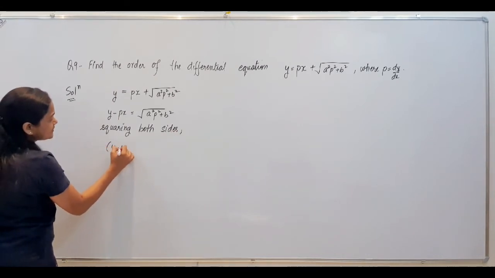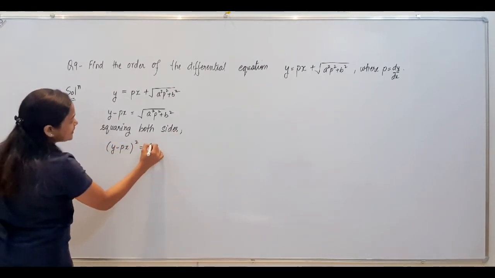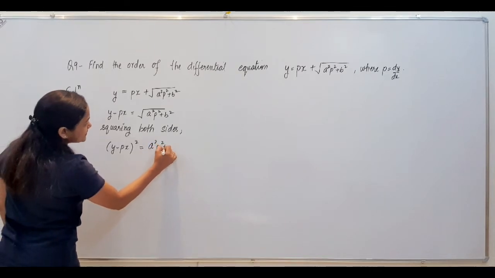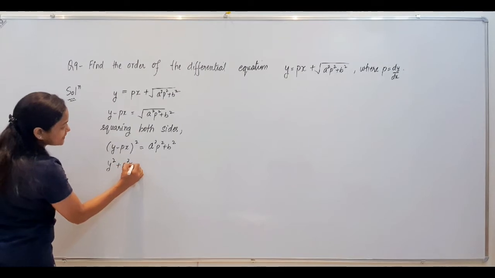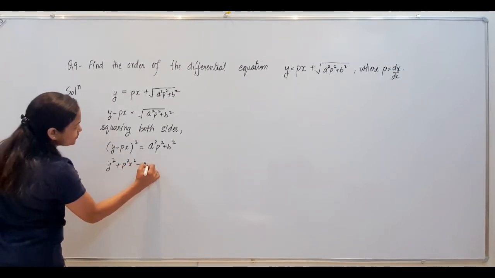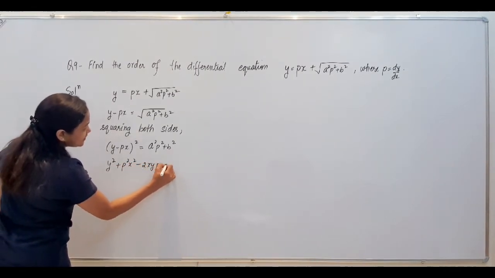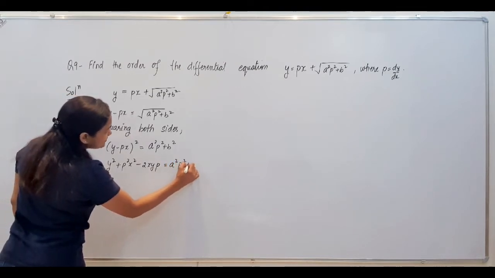So y minus px whole square is equals to a square p square plus b square, and this will be equals to y square plus p square x square minus 2xy p is equals to a square p square plus b square.